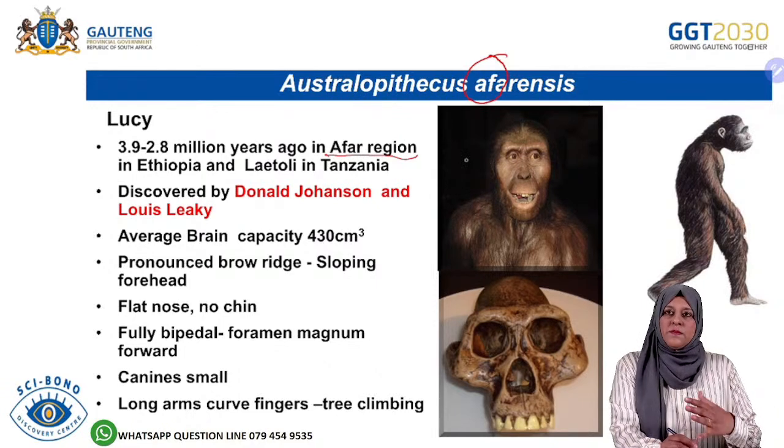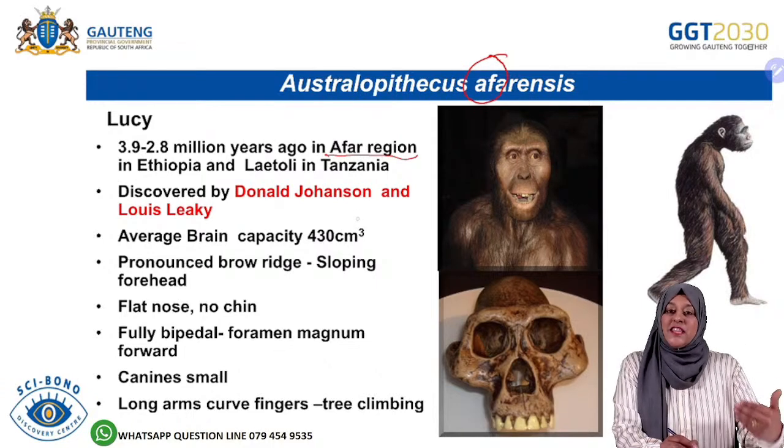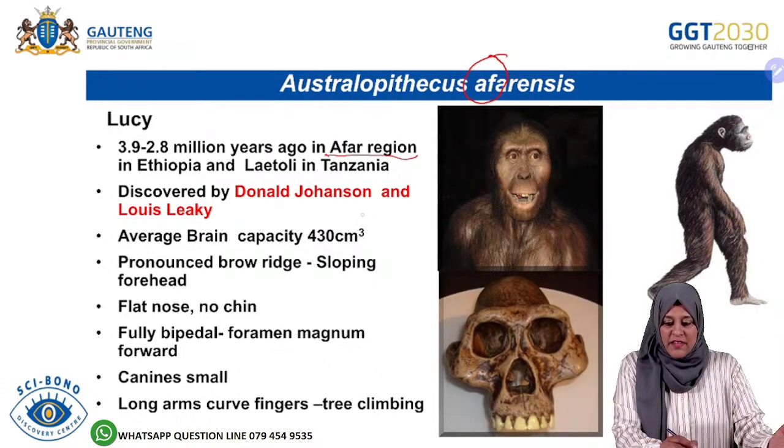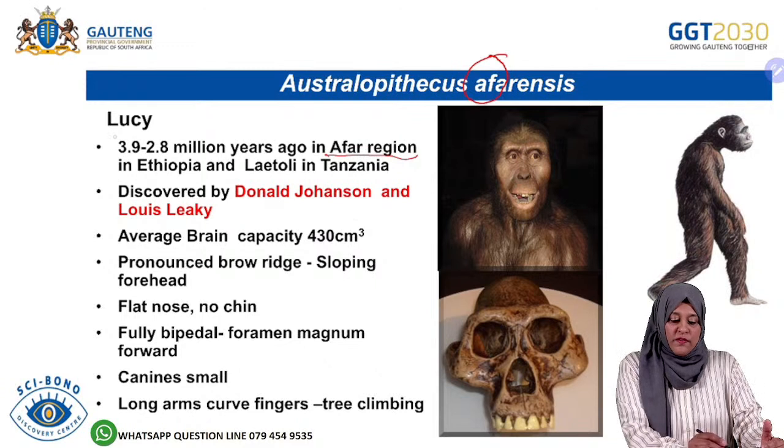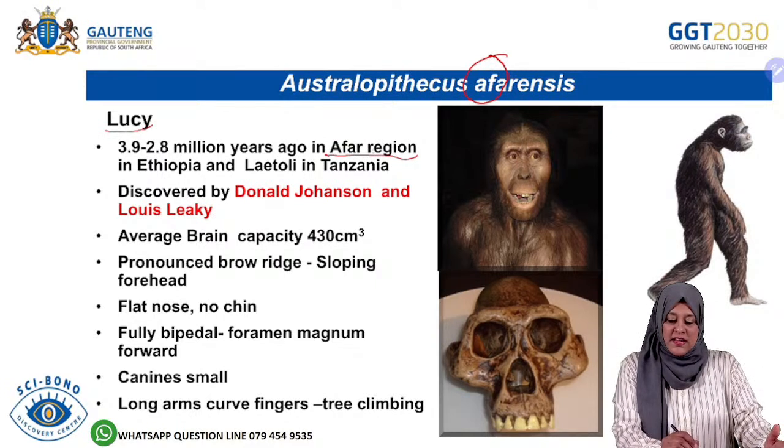Lucy was Australopithecus afarensis, Afar. This fossil was discovered in Ethiopia, that's far away from South Africa, right? Therefore, the example is Lucy, Australopithecus afarensis, the Afar region, discovered by Donald Johanson and Louis Leakey, right?